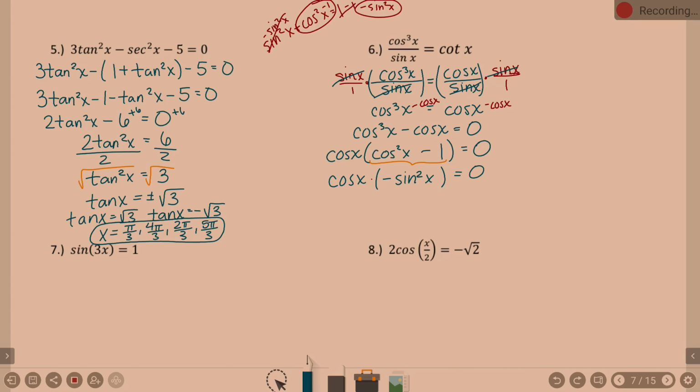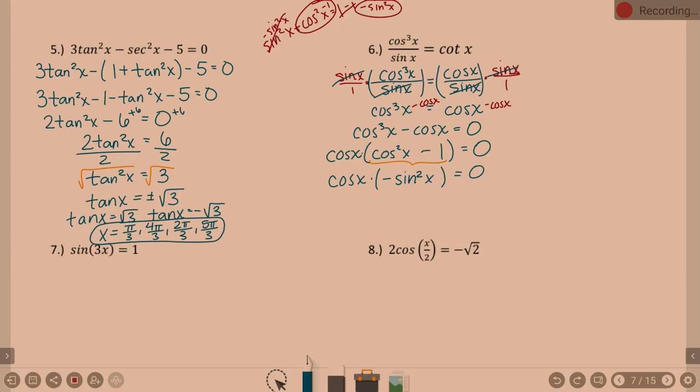Thoughts? Okay. So our next step could have technically been done the last step, or it can be done this step.